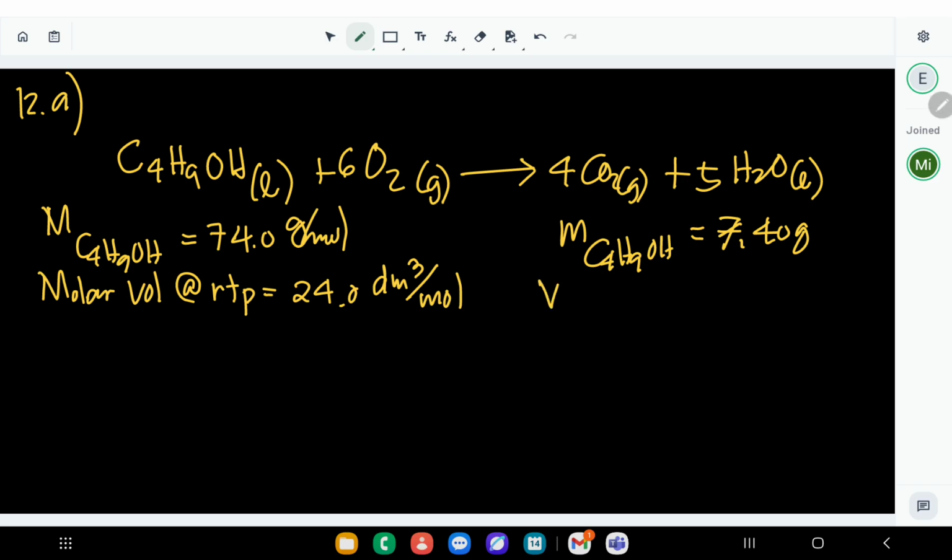So we're given the volume of oxygen, which is 16 cubic decimeters, and the mixture of gases produced was cooled to room temperature and pressure. What is the final volume of the mixture of gases? So we find the final volume of the mixture of gases.